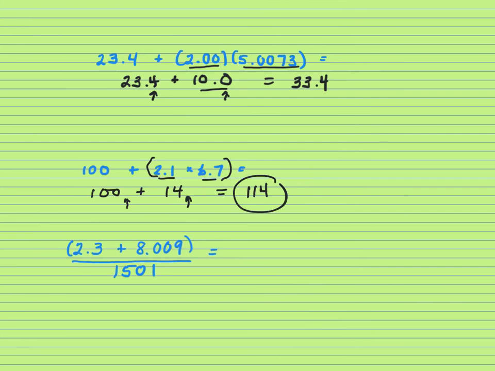Here, 2.3 plus 8.09, that equals 10.309 according to my calculator, but I can only have one digit after the decimal. So I'm going to change that to 10.3. And then I'm going to divide the 10.3 by 1501.